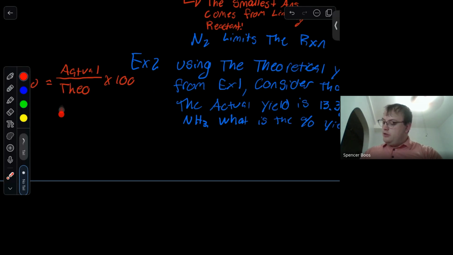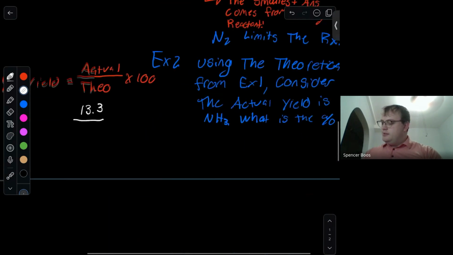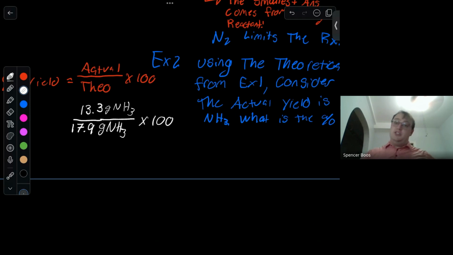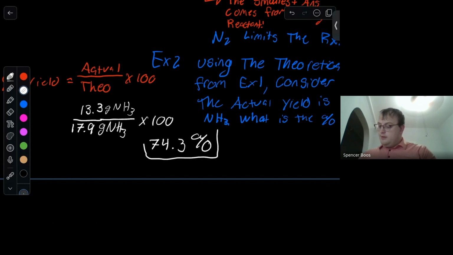So we have 13.3 divided by 17.9, grams of NH3 over grams of NH3, times 100. We put this into our calculator, 13.3 divided by 17.9, and we get a percent yield of 74.3%, which is our final answer.